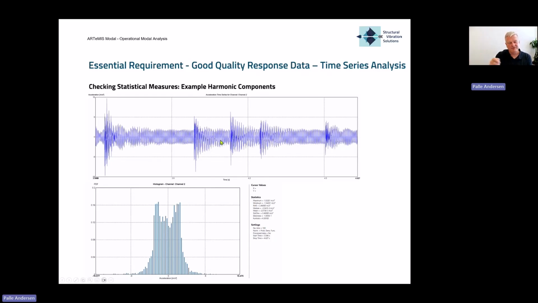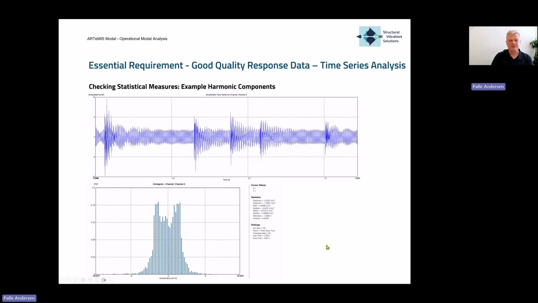At the same time, there has been a tapping on the plate, which is causing these free decays that we see overlap with it here. But because of this significant sinusoidal excitation, we actually get these two tails here of the sine wave distribution, quite significant in this data. And this is, of course, a problem.